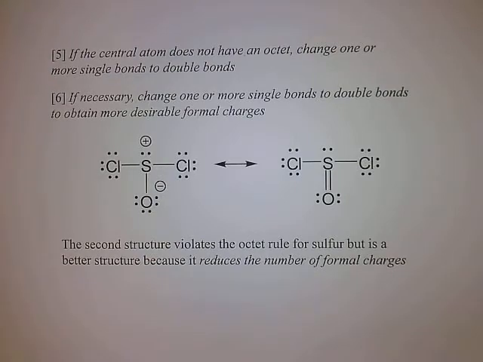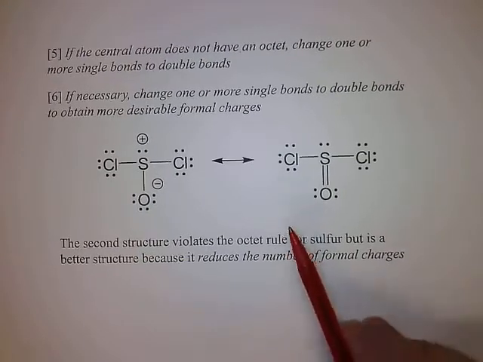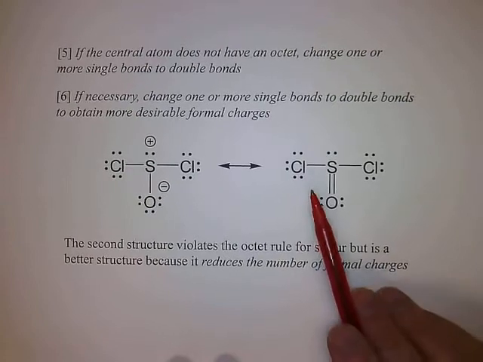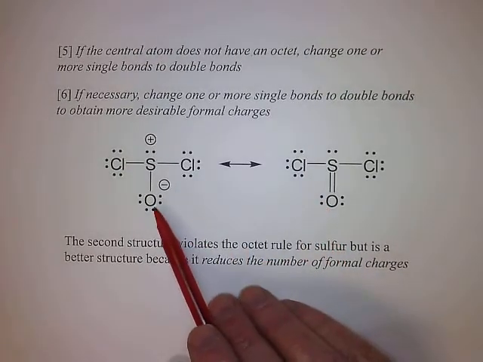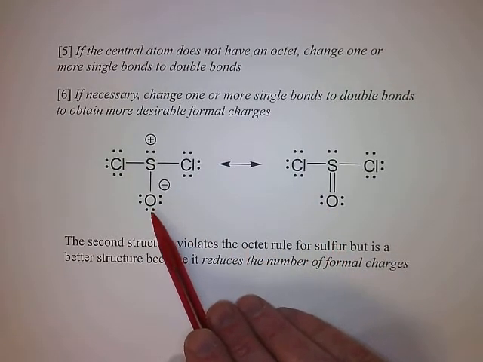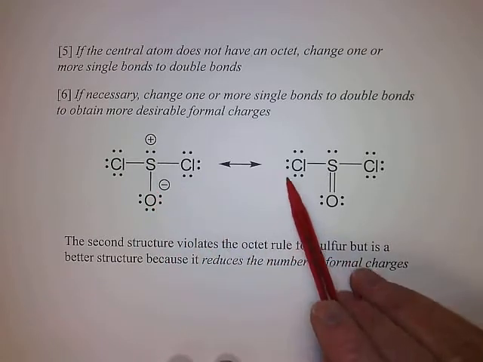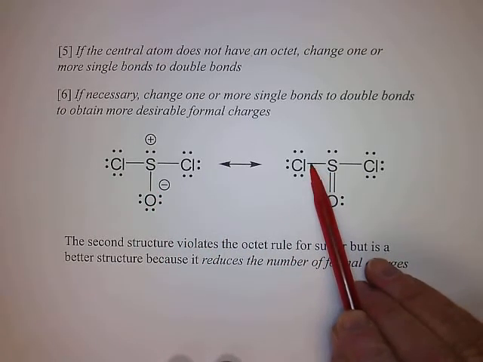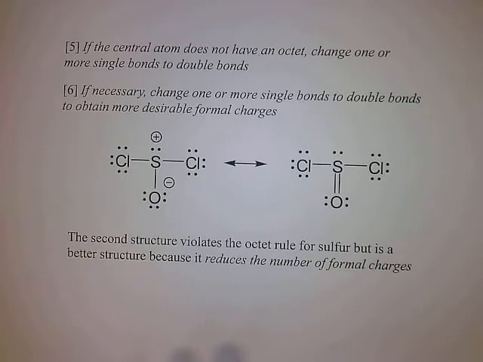Okay. Now you might ask the question, could we have done the same thing with the chlorine? What if instead of moving an electron pair from the oxygen, we had changed one of these bonds into a double bond? Could we have done that?